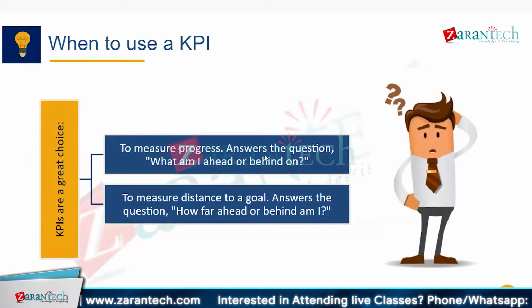This KPI is to measure the progress of how your business is doing, how your profits are running. This helps to measure the progress of things. That is why this specific topic, called KPI, comes into the picture.